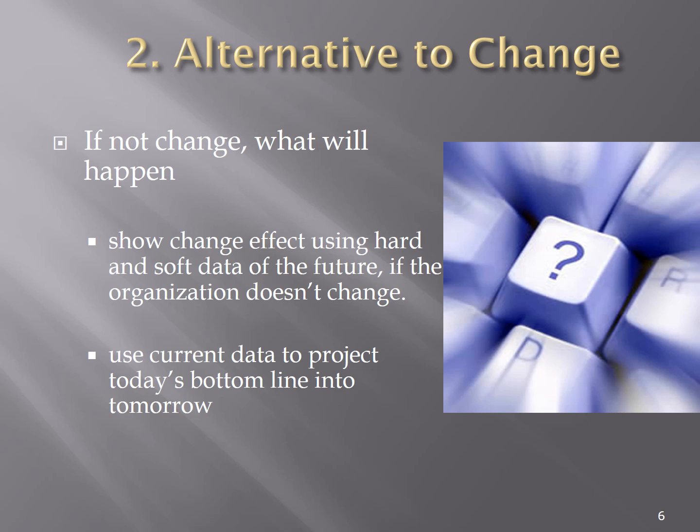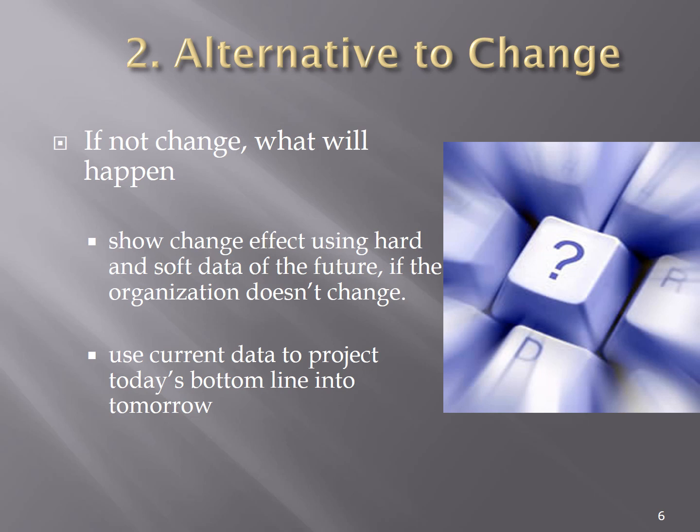After presenting the necessity for change, the reason for that change, they will give you the alternative to change. These business re-engineers who want to effect change use hard and soft data to paint a picture of the future. If the organization doesn't change, what will happen? So they will give you the alternative of changing and not changing.